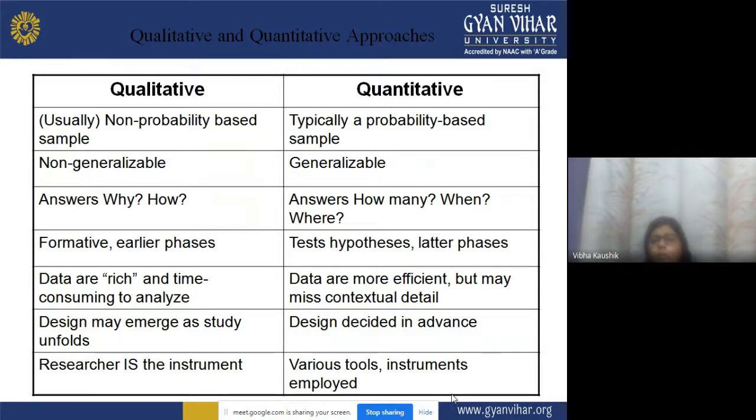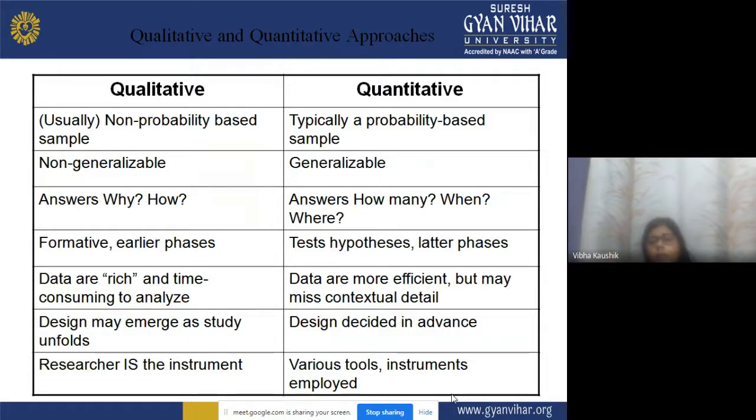When we talk about the quantitative, it is typically a probability based sample, meaning the selection of the sample from the population is based on probability. Generalizable means the results obtained can be generalized to the whole population. It answers how many, when, and where.